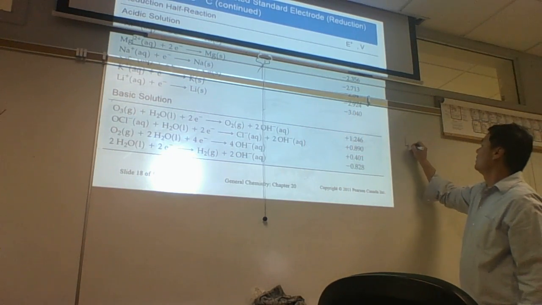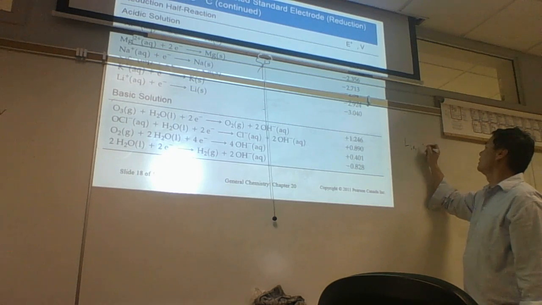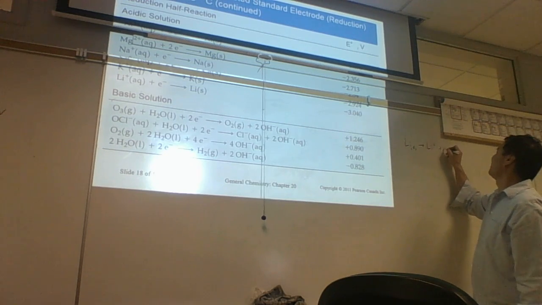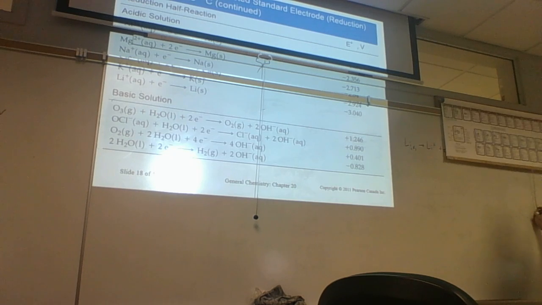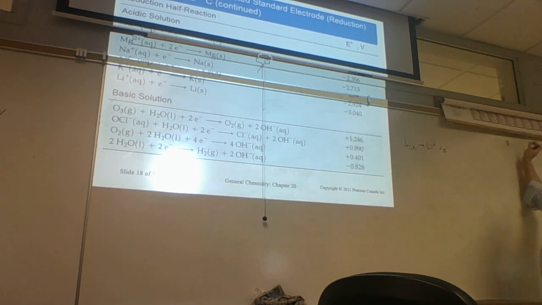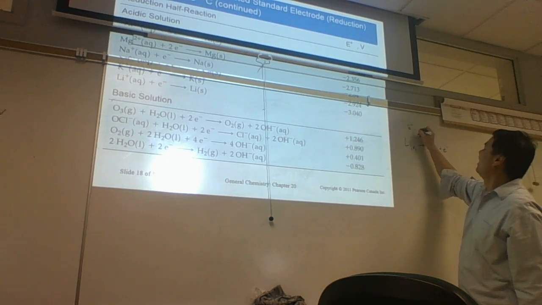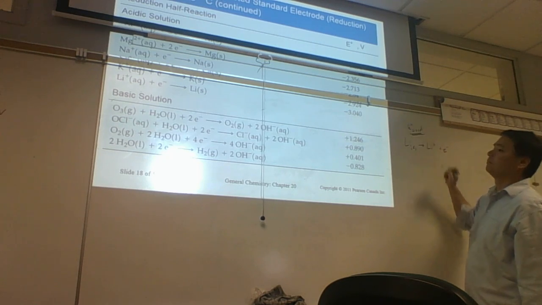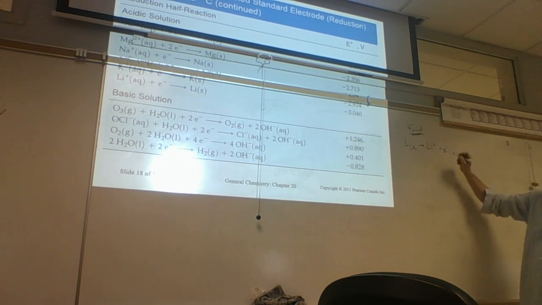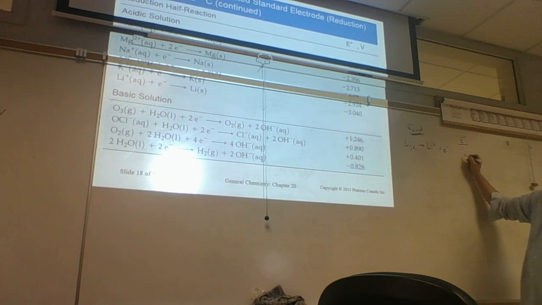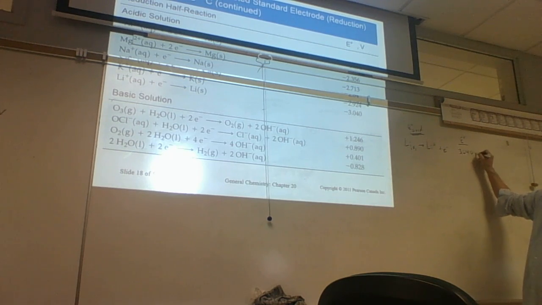And so the conjugate relationship is lithium solid is at the top. This is going to give us lithium plus an electron. These are going to be standard oxidation potentials. If we look at the standard oxidation potential, the E naught here is going to be 3.040 volts.